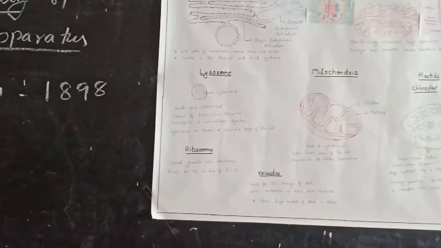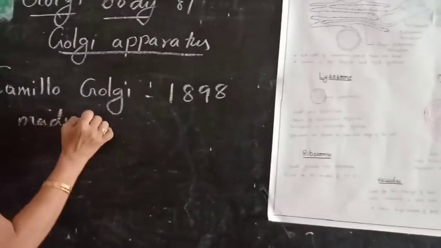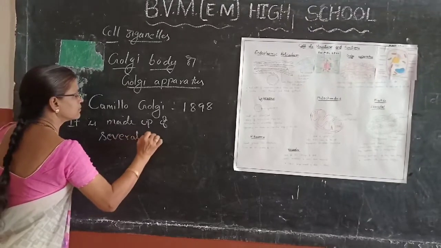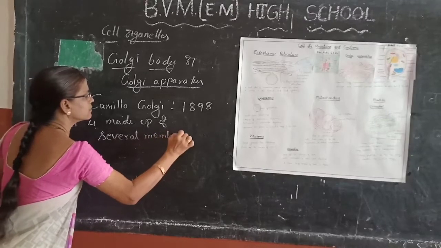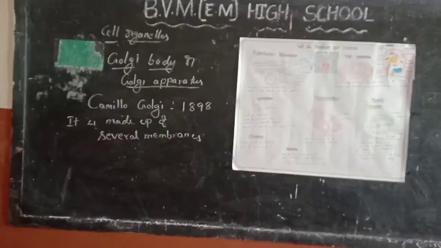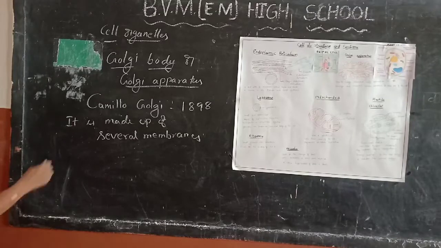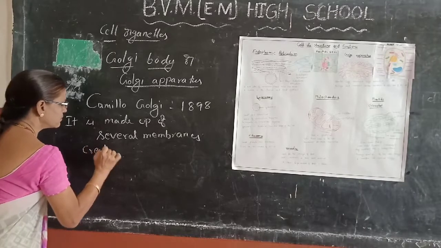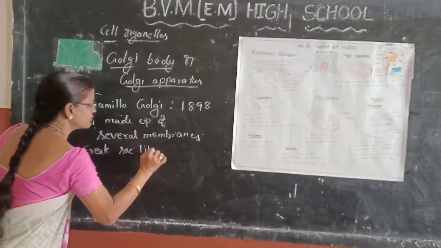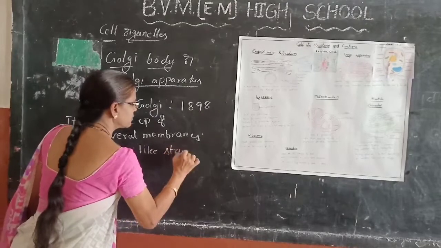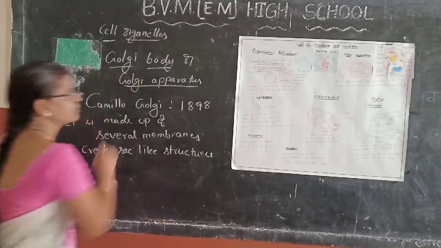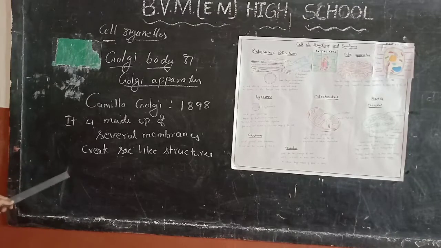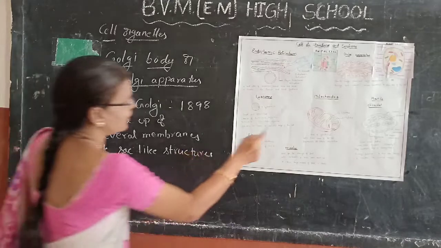Several membranes. These membranes create sac-like structures around which many fluid-filled vesicles abound.